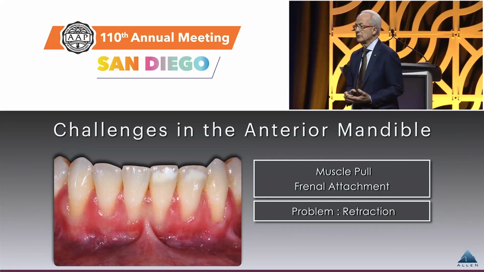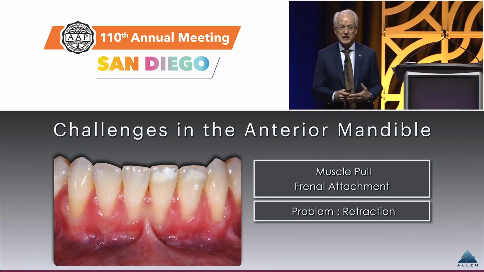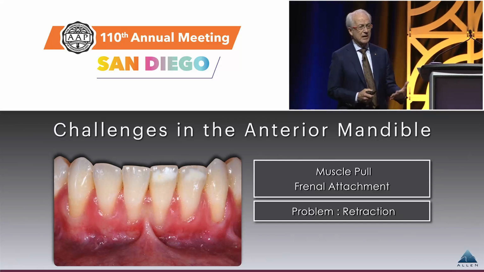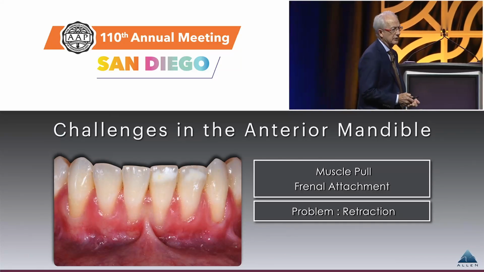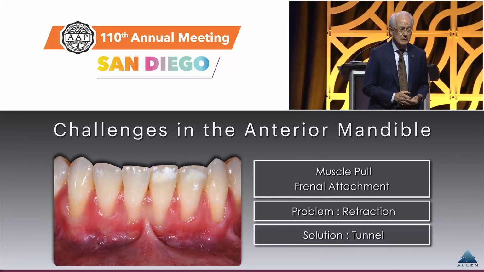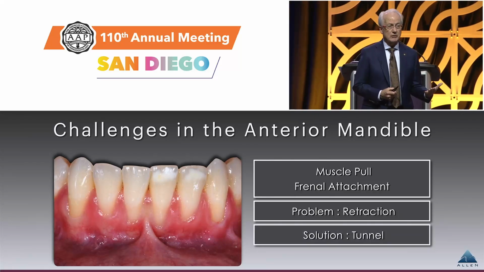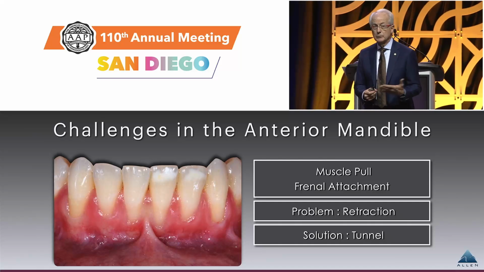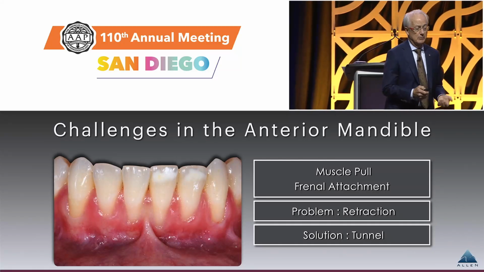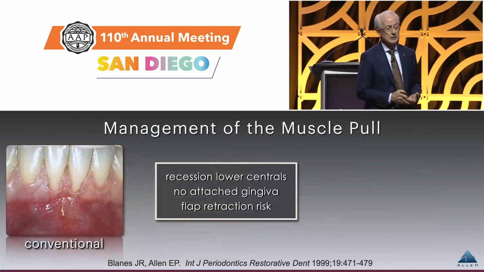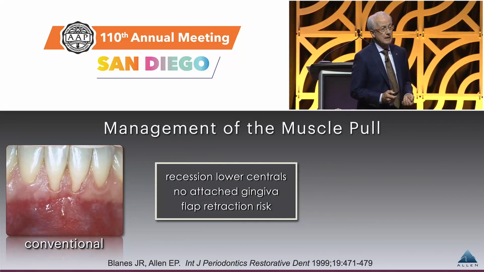How many of you have done a connective tissue graft with the standard technique and found retraction and found this a more difficult area to perform that procedure? I would think that would be fairly common. Well, the solution, if the problem is retraction, is tunnel. If you don't incise the papilla, you'll have an amazing stability of the area and elimination of the tension.